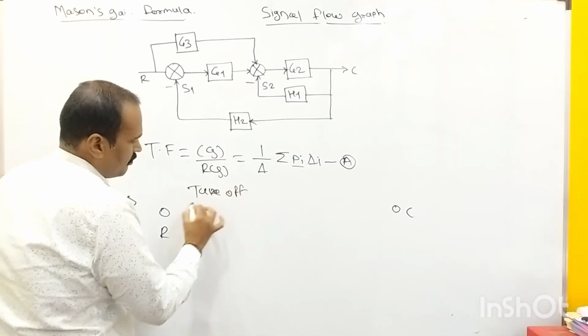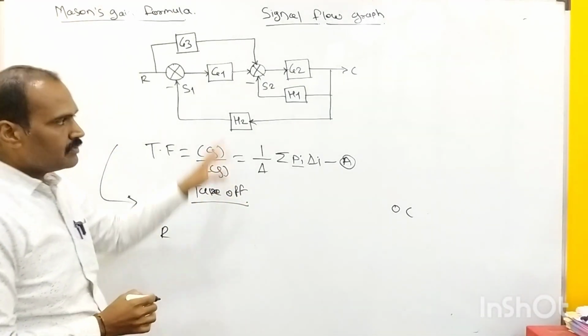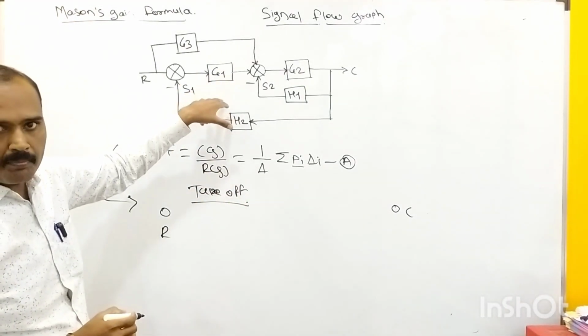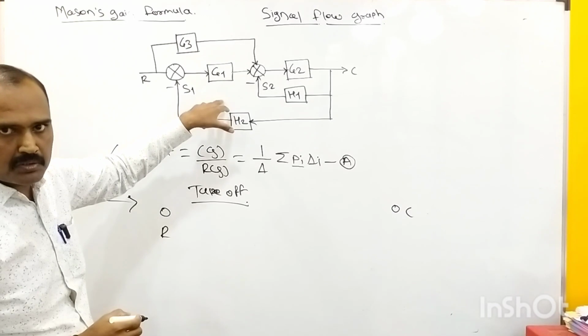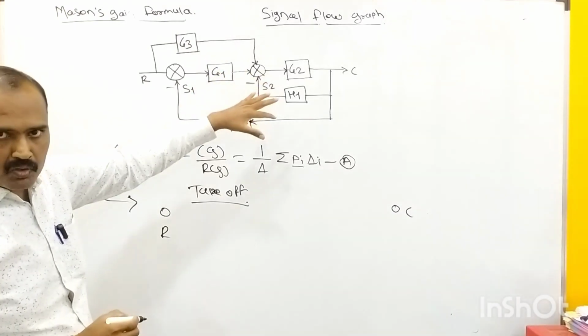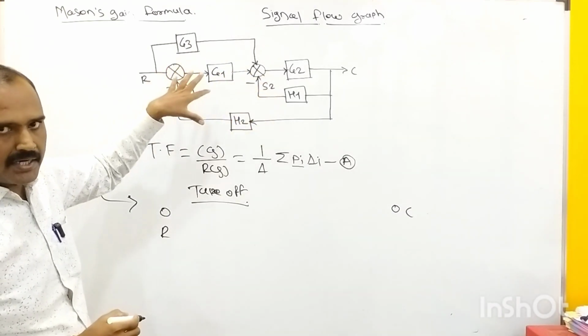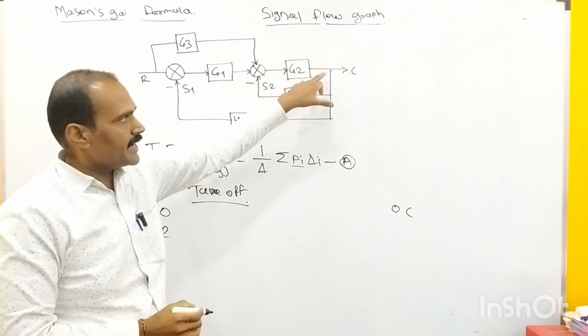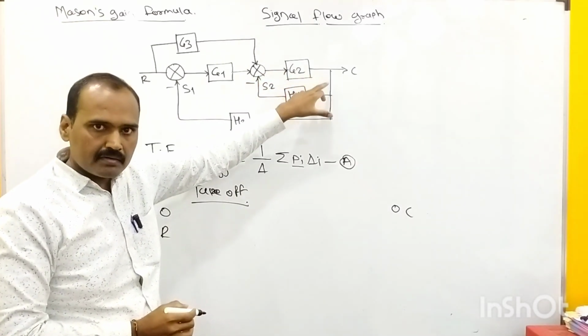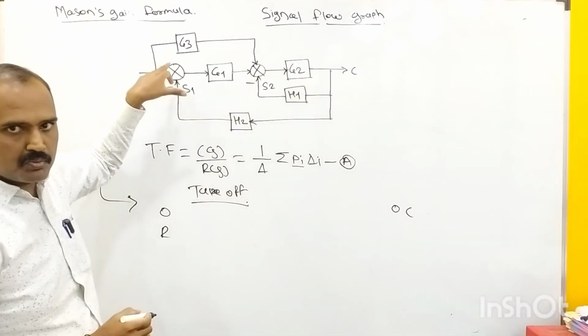What does the takeoff point stand for? This is basically a closed loop control system, which means we give some sort of feedback from output to input. With the help of the takeoff point, the feedback signals are given towards the input.